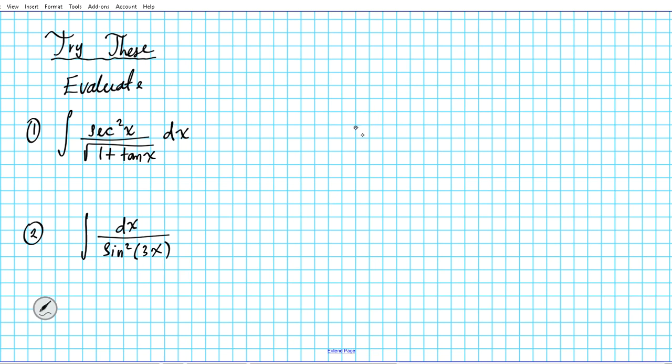Alright, number 3, what if you were to evaluate the integral of cosecant squared 4t divided by 3 plus cotangent 4t dt? And then lastly, number 4, what if you were to integrate e to the 5x over 2e to the 5x plus 4 dx?